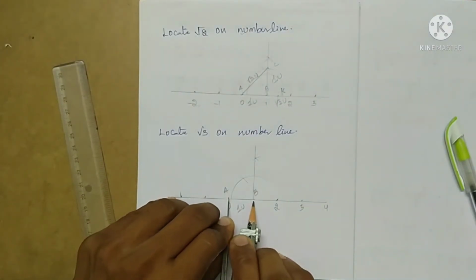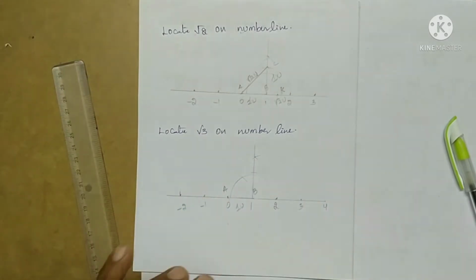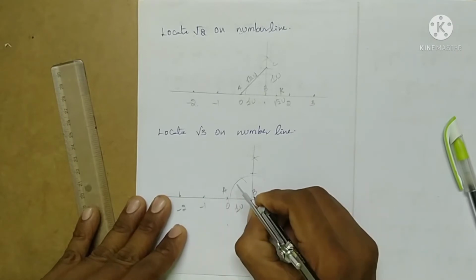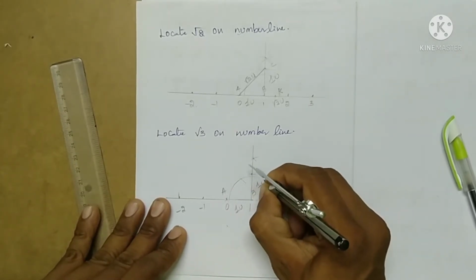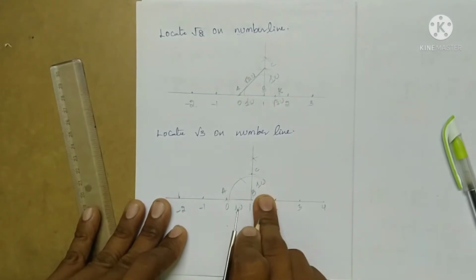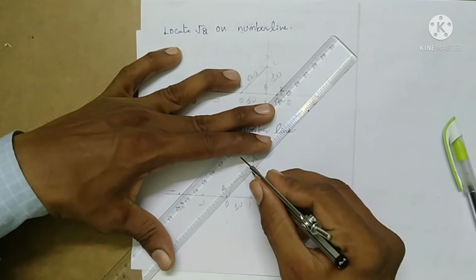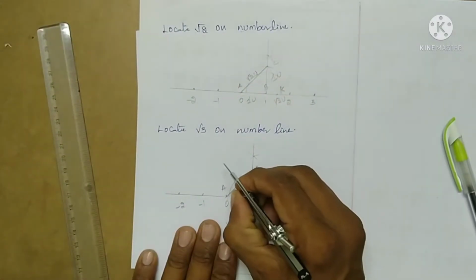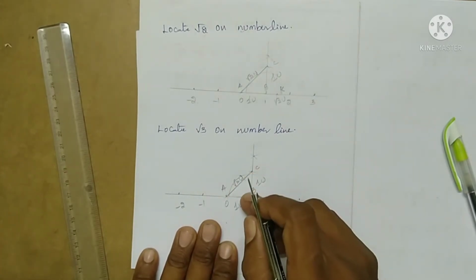Let's take 1 unit of measure. This is 1 unit, right? A to B is 1 unit. So B to C is also 1 unit. So join AC. This distance is the measure of root 2 units, right?